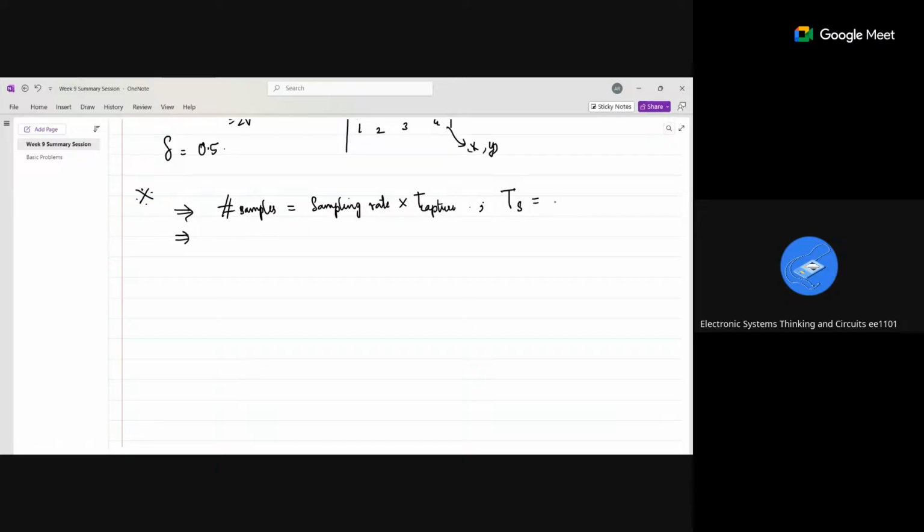It is the duration between two successive samples. What is the formula for TS? TS is equal to 1 by Fs, right? In the same way, for amplitude quantization, we have delta is equal to range by level.